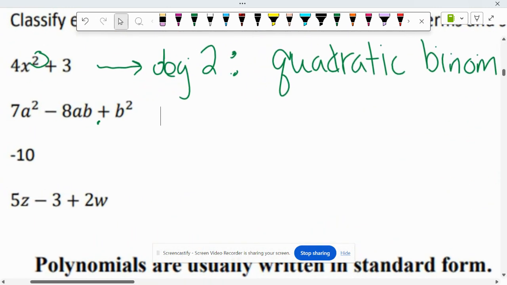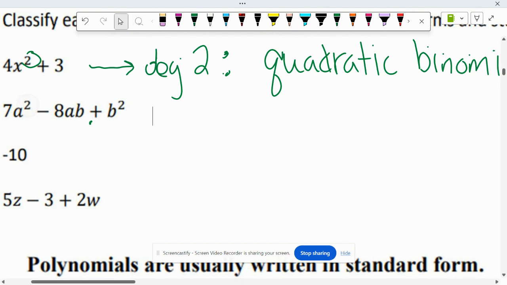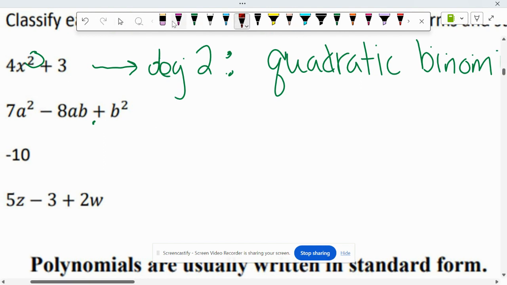Okay, let's look at the next one. What is the degree on this? Well, this is degree 2. What's the degree of that term? Well, what's 1 plus 1? Because each one of those variables has a power of 1 on it.